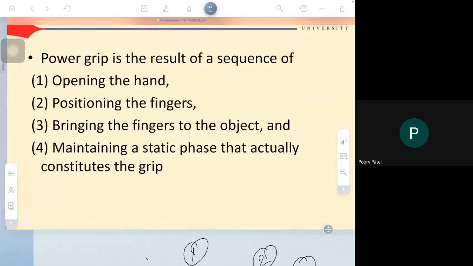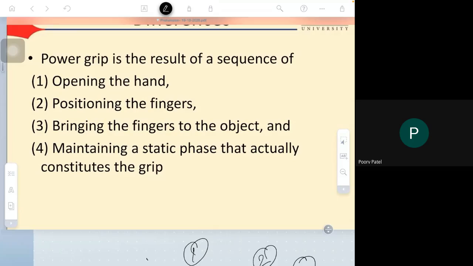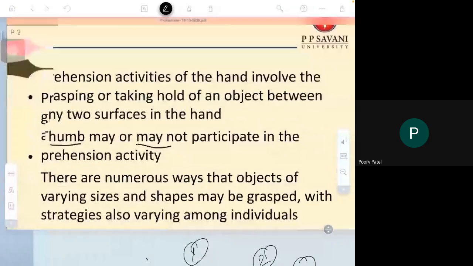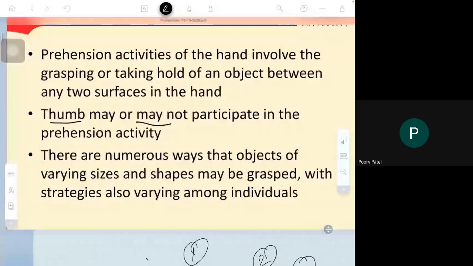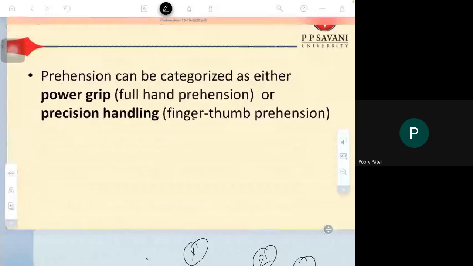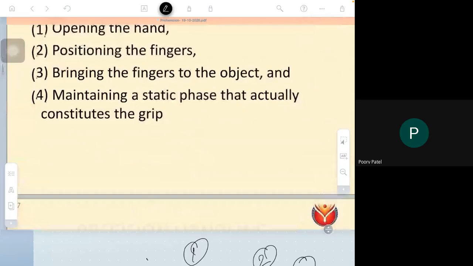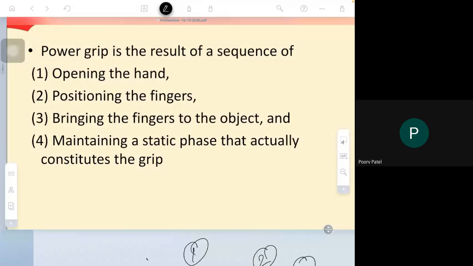So power grip has 4 phases. First we studied what prehension is. There are 2 types of prehension: power grip and precision handling. So now we are studying power grip. Power grip has 4 phases. The first 3 phases are called dynamic phase, and the last one is called a static phase.